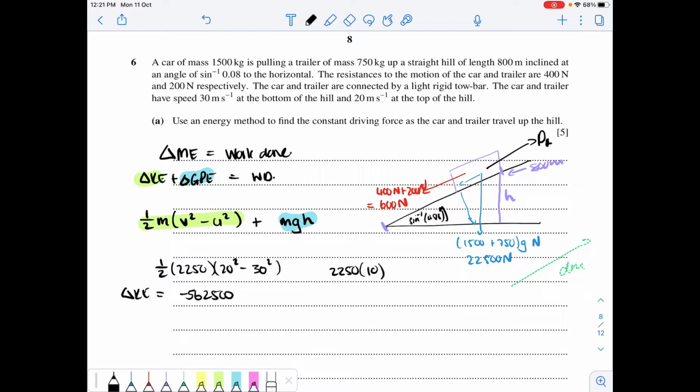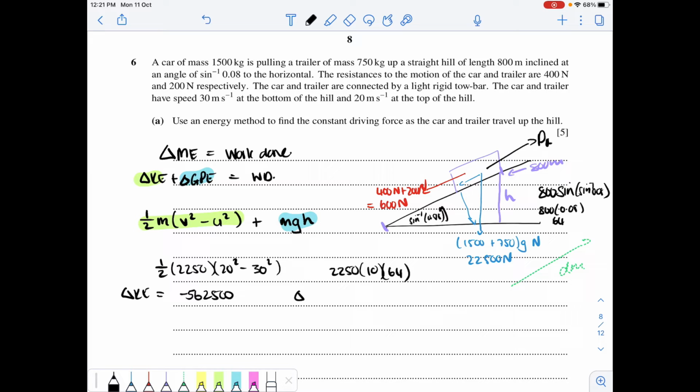So it's 800 sine of sine inverse 0.08, which is the same as just saying 800 times 0.08. That gives us 64. So the height is 64.